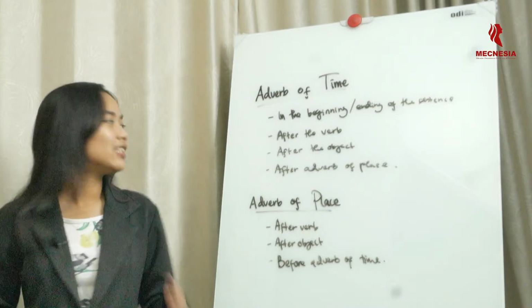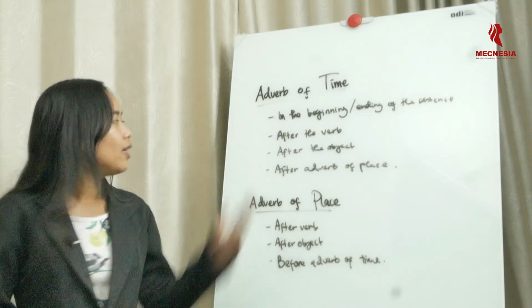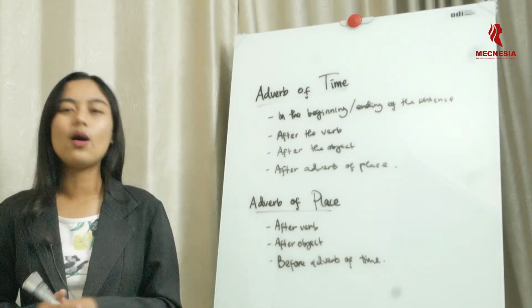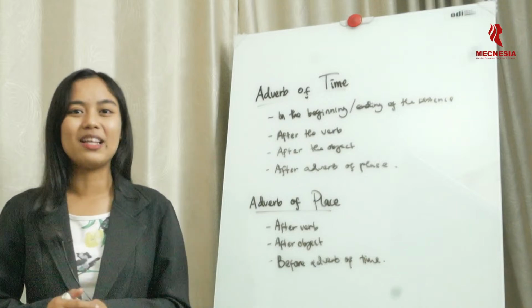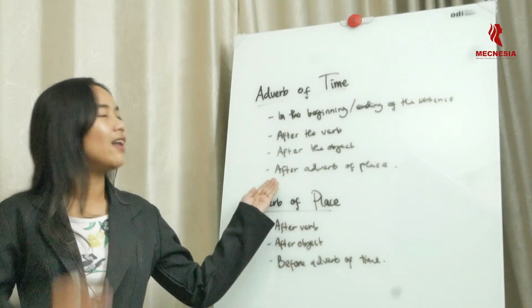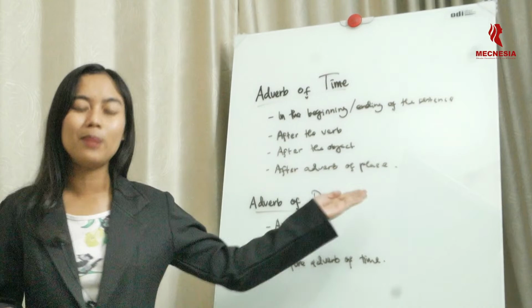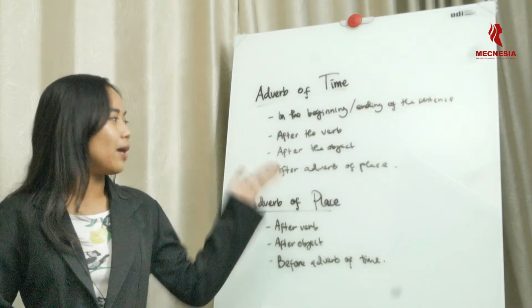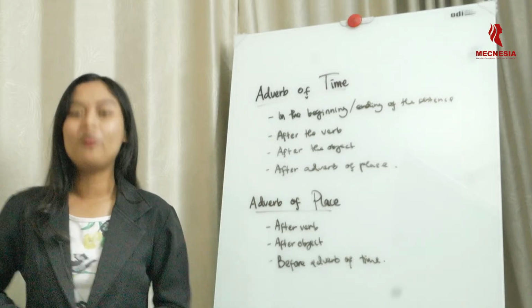And then, next, yang keempat, if there is more than one adverb in the sentence, kalau ada lebih dari satu kata keterangan di kalimatnya, well, ada kata keterangan lain seperti adverb of place dalam kalimat. So, it means you need to put the adverb of time after the adverb of place.